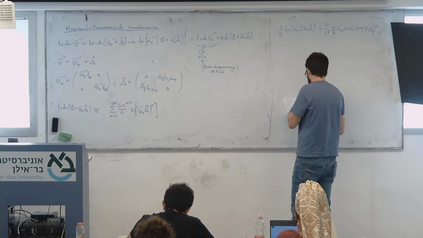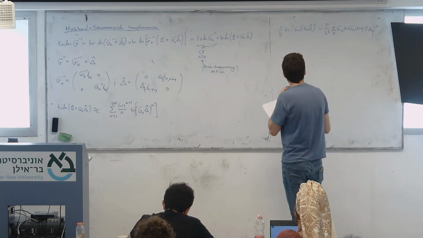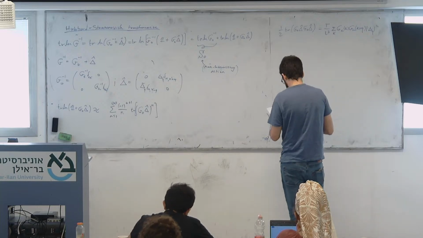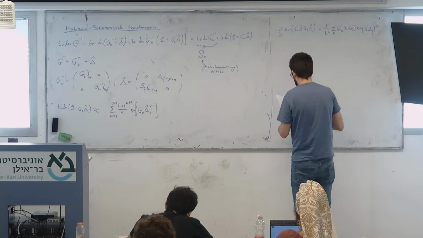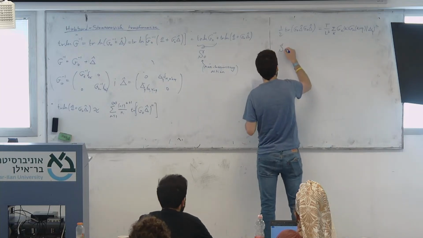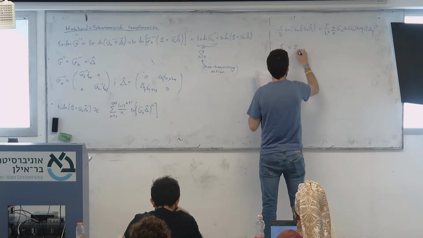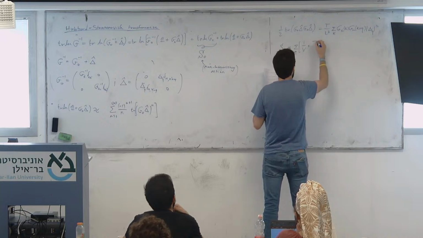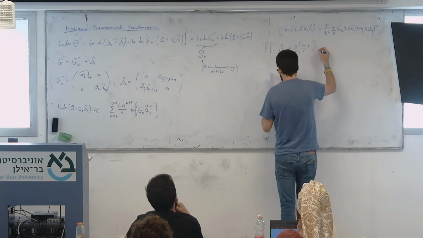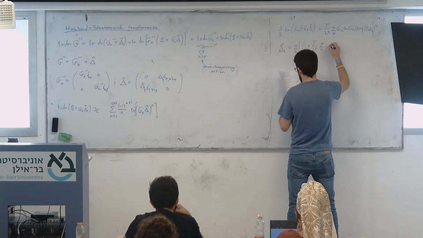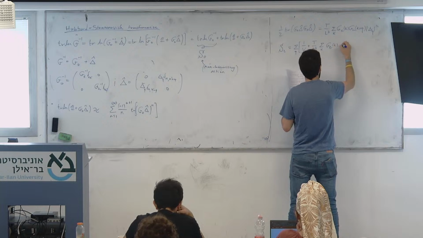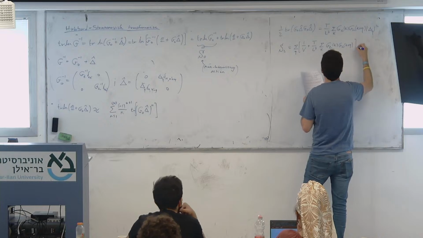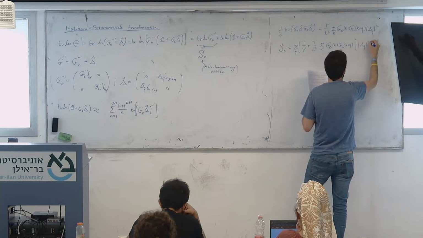So what we get, for example, S2 is equal to a sum over Q, 1 over V plus T over L cubed, sum over K, G electron of K, G hole of K plus Q, delta of Q squared.